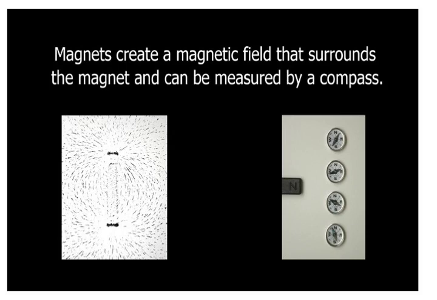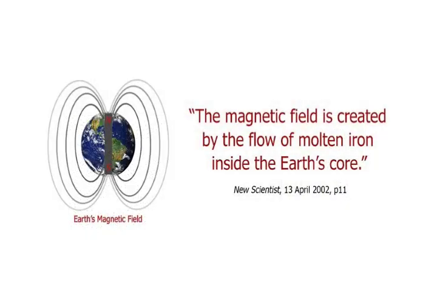So you can measure the magnetic field, and so we've kind of always pictured the Earth as having this magnetic field, and there's pictures like this in the textbooks, but the magnetic field is created by the flow. So some scientist in this New Scientist magazine is saying the magnetic field is created by the flow of the molten iron inside the core.